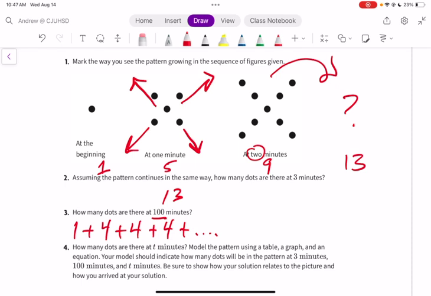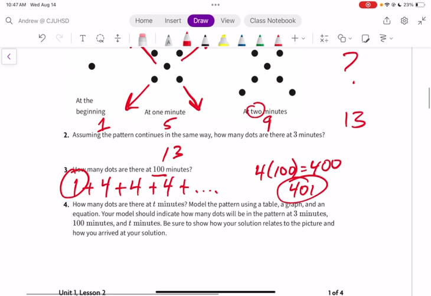Well, how many times would you add 4 in 100 minutes? It's the same thing as saying 4 times 100. You would add 400. Of course, you started with 1, so your total would be 401 after 100 minutes.